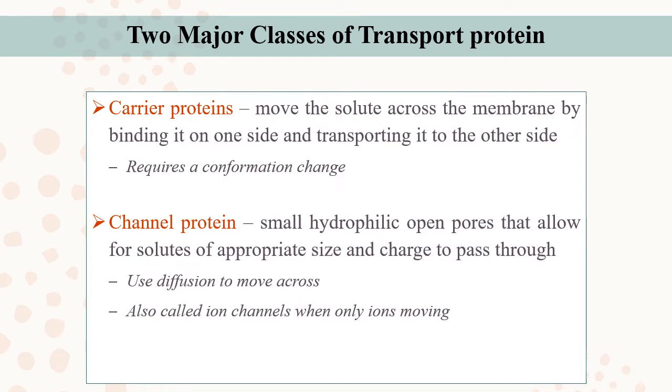Carrier proteins move the solute across the membrane by binding it on one side and transporting it to the other side, so it requires a conformational change. Whereas a channel protein is a small hydrophilic open pore which allows solutes of appropriate size and charge to pass through. It uses diffusion to move across the membrane. They are also known as ion channels.